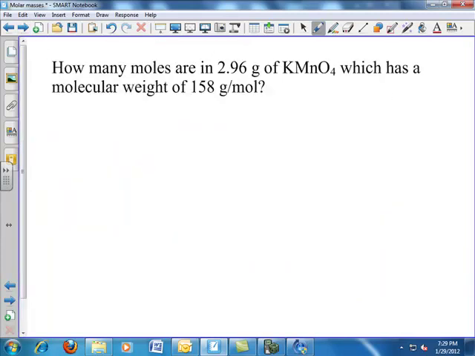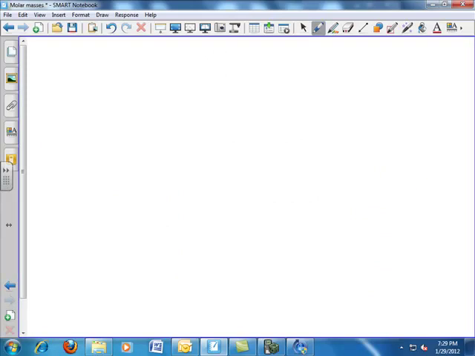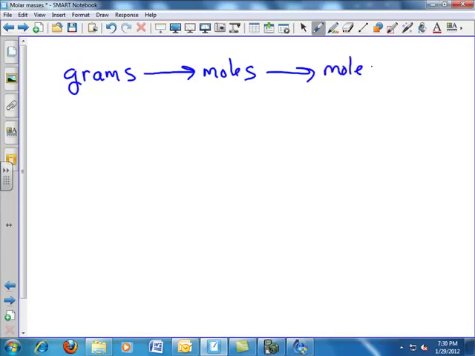I'm going to skip ahead here. And one of the things I want to show you is it really doesn't matter. This is kind of a two-way street. If I started with grams, we went from grams to moles to molecules.